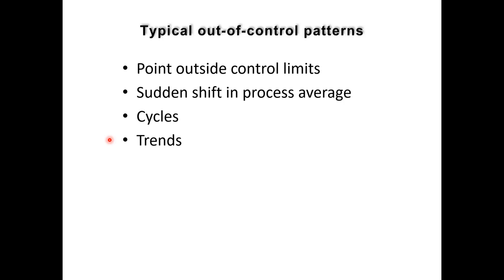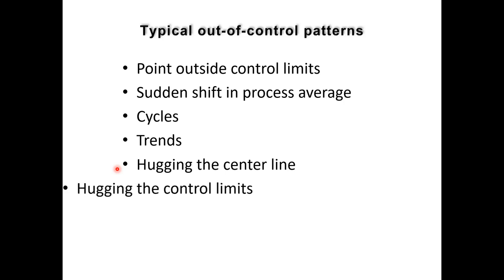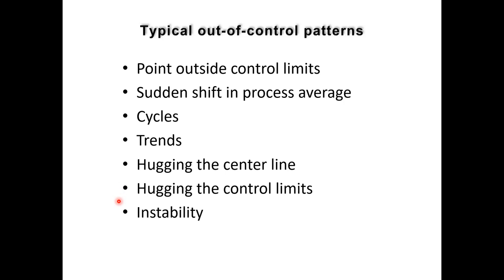Another situation is when all the points lie very close to the center line, which is hugging the center line. Next is hugging the control limits, where the points are really close to either one of the control limits. Finally, instability, where the variation is huge. When variation is huge, you say it is an unstable condition.